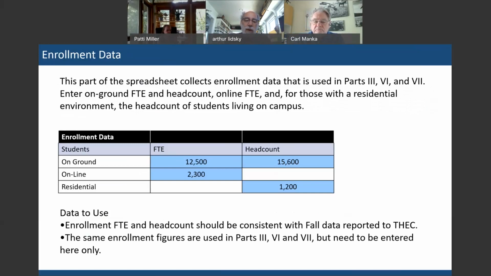And then we separate out those who are online as FTE. And we also are looking for the number of students in residential setting. But all you have to do is enter this once in those blue boxes, and then it will ripple through the rest of the model, the rest of the guidelines. So you don't have to enter it again when data for the number of students is going to be required as part of the guidelines.